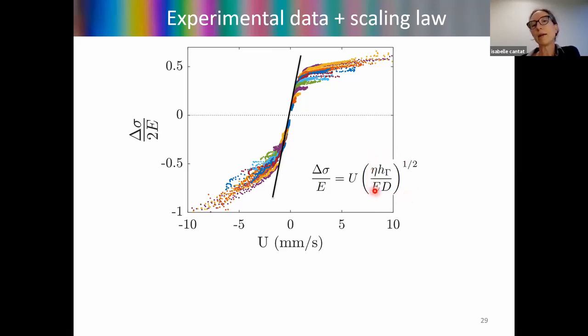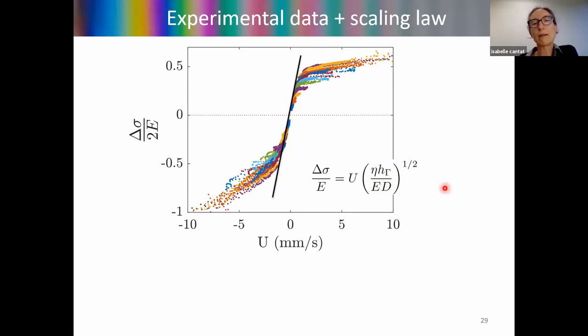Big E has been measured by the elasticity of the film. The diffusion coefficient is something we can find in the literature. That's the viscosity of the bulk. Only this one is not very well known, but we have a very good idea of its order of magnitude. So we can test that the slope is reasonable, and actually it is.